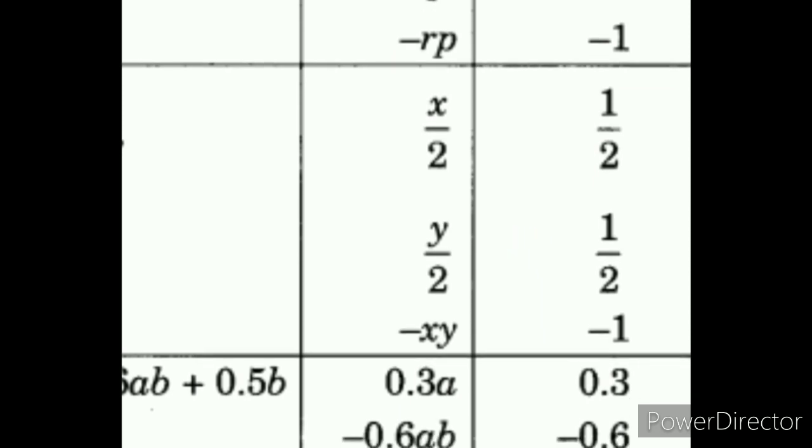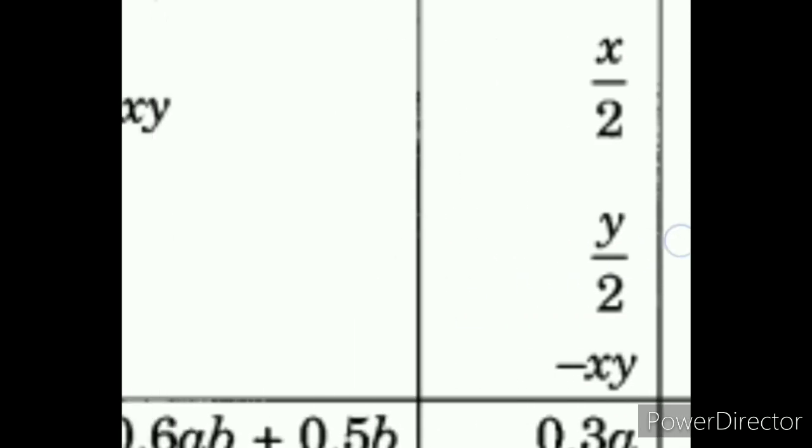Write the terms in this way: x by 2, y by 2, minus xy. In this, x has no number in front. What did I say? Yes, 1. So 1 by 2. Y has no number in front, so 1 by 2. Xy has no number in front, only a minus sign, so we should consider that as minus 1. Similarly, we should answer the sixth one.